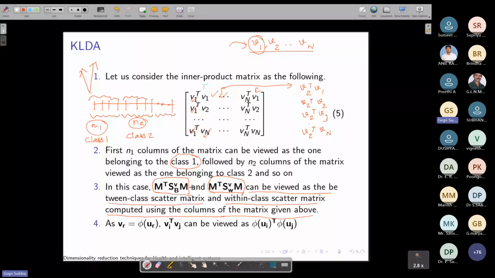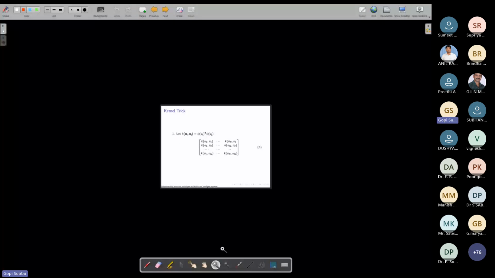Now, of course, V1 is basically projected from the feature space to the higher dimensional space using the function phi. If I replace the matrix entries with phi of U1, phi of U2, and so on for V1, V2, and all, we represent it like a kernel.